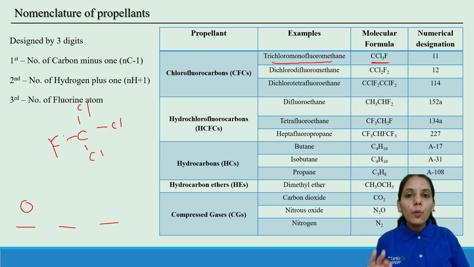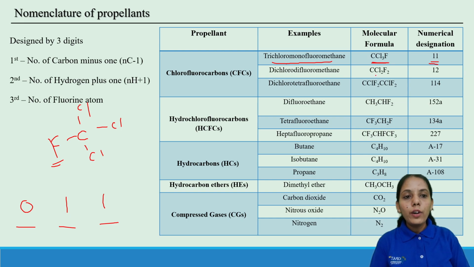There is not a single hydrogen, so 0 plus 1 will be 1. Third is number of fluorine atoms. 1 fluorine atom, so it will be 1. So the numerical designation will be 0, 1, 1, which is 11. Understood this one? Now let's see the second example.